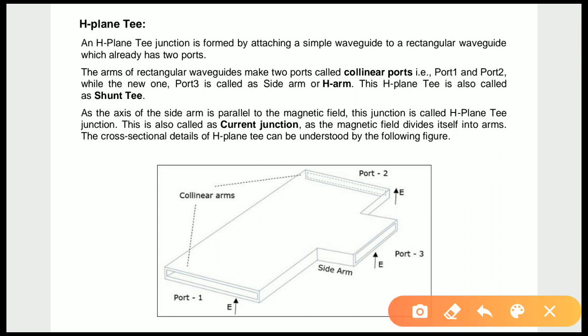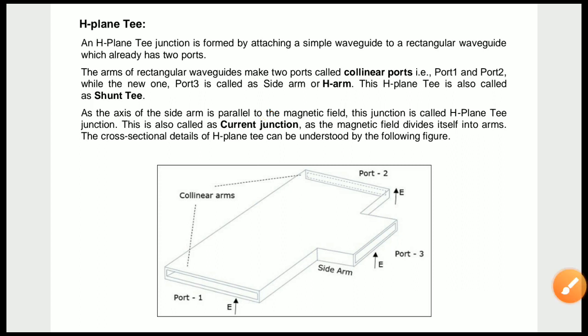Along with that, the axis of the side arm is parallel to the magnetic field. So this junction is called the H plane T junction, which is also called a current junction.